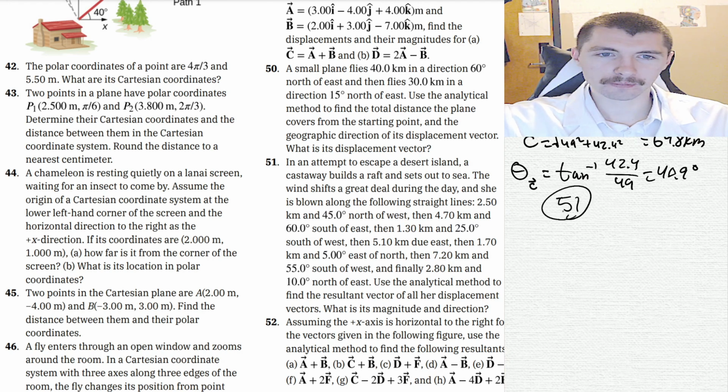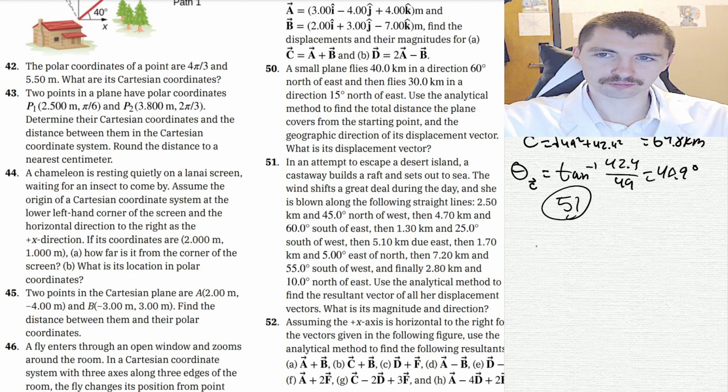Problem 51. So we have a desert island. Builds a raft, sets out to sea. The wind blows a great deal during the day, and she is blown along the following straight lines.